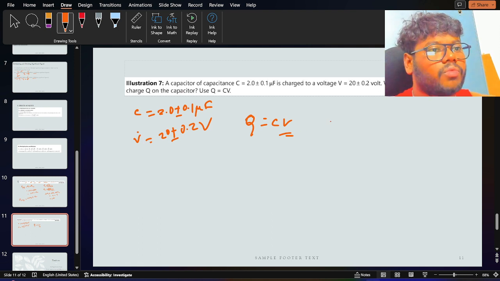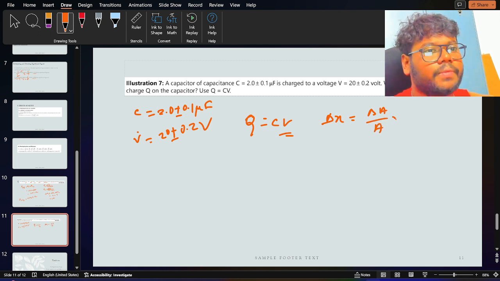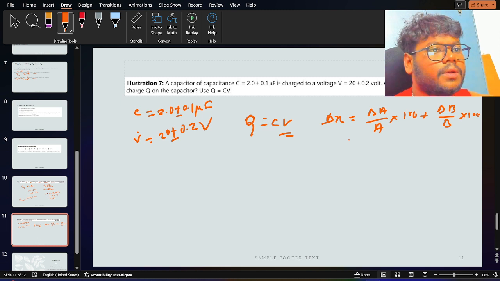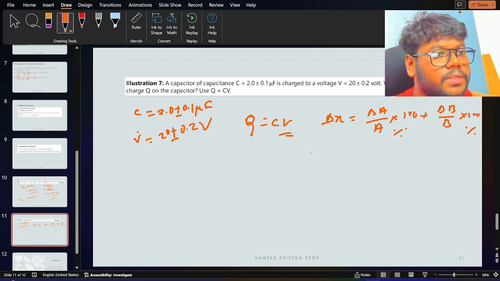For multiplication, the net error is delta A by A into 100 plus delta B by B into 100, which will come in percentage.